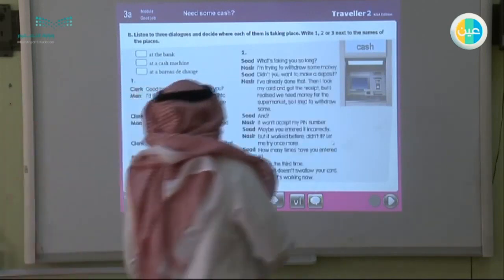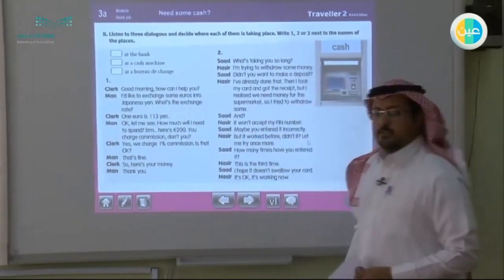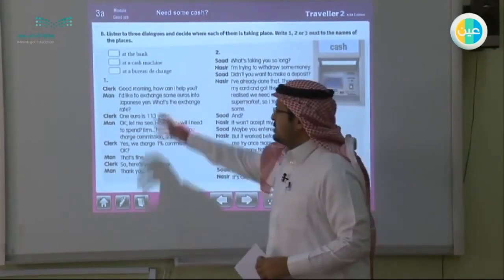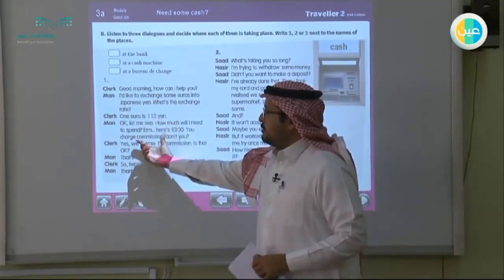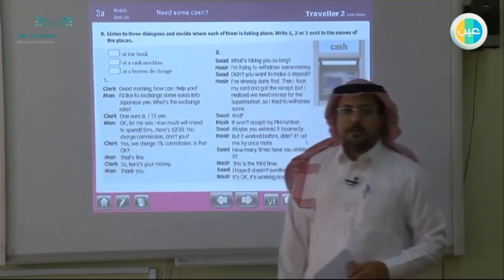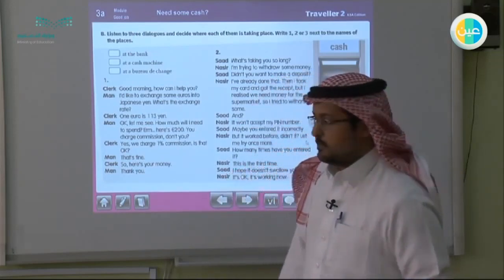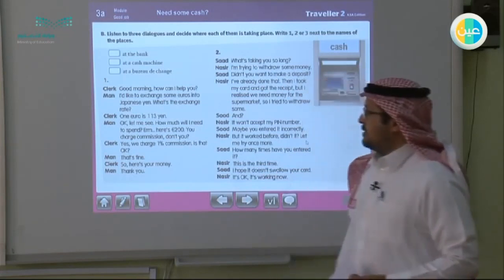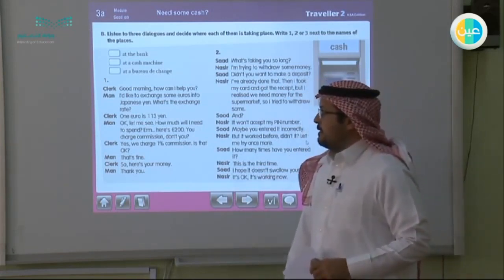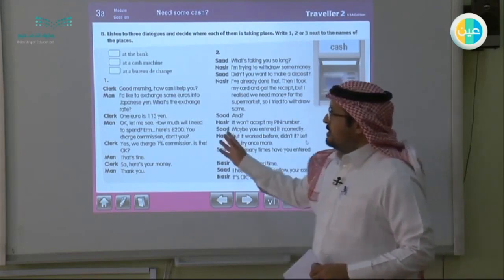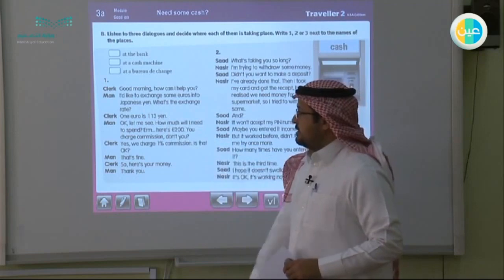Now, as you can see, we have two dialogues on this page. Try to scan this part of the dialogue to find a word that is the opposite of the word saving. We have a conversation between a clerk and a man.